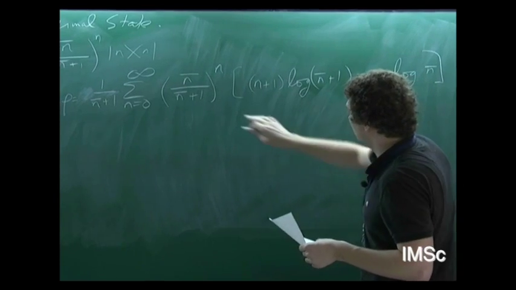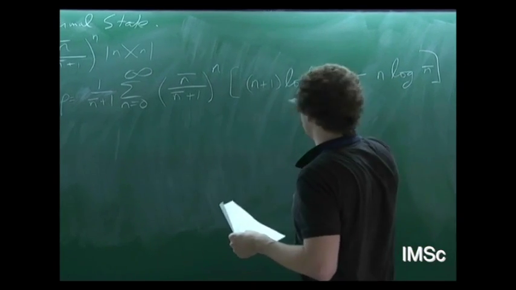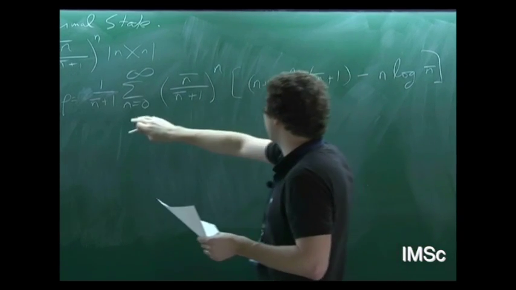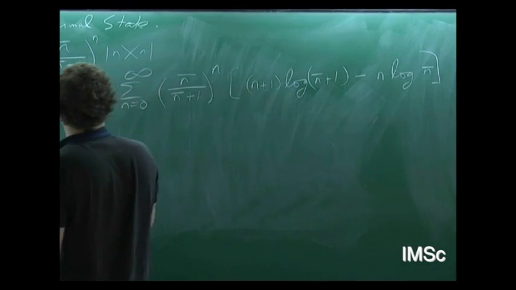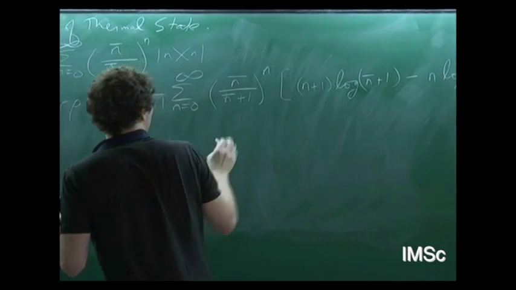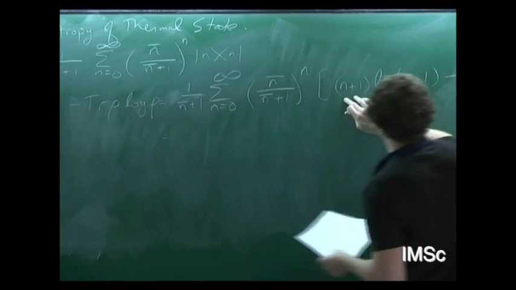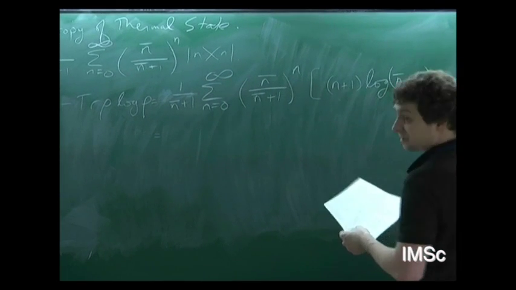So we can now split this sum into two pieces, or we can carry out this sum explicitly through the following. This depends on n, this depends on n, this doesn't, this does, this doesn't, right?